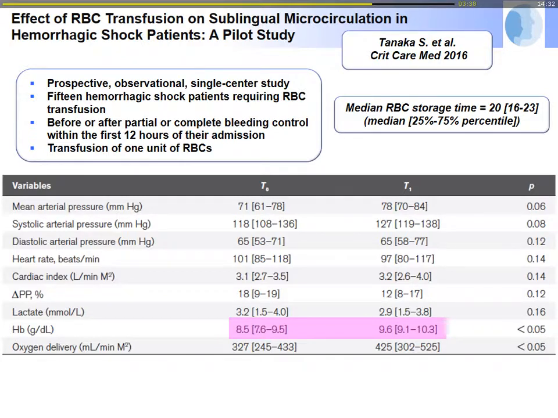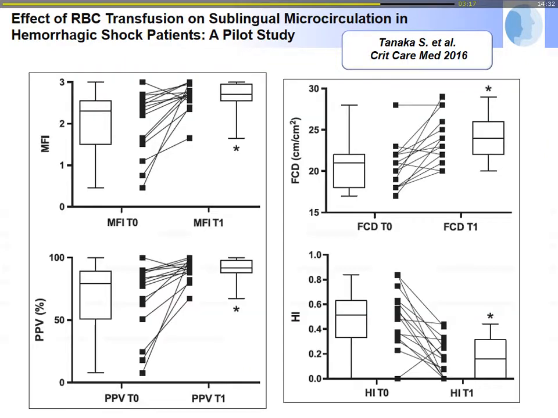And you can see that in this patient we gave red blood cells, but the systemic hemoglobin was okay, at 8.5, and the physician thought he had to give red blood cells to anticipate the bleeding.